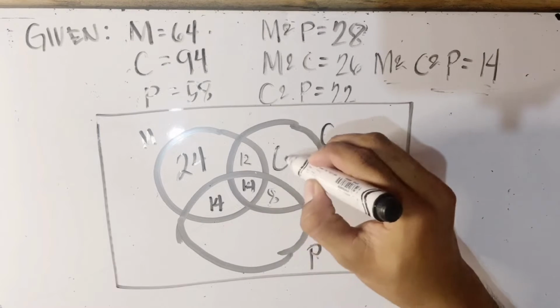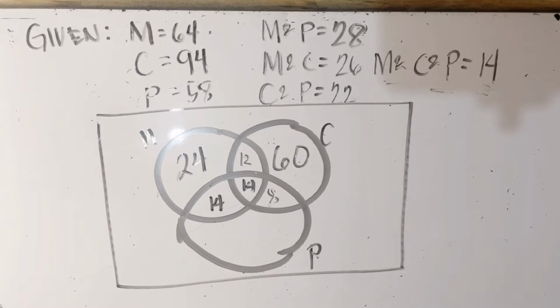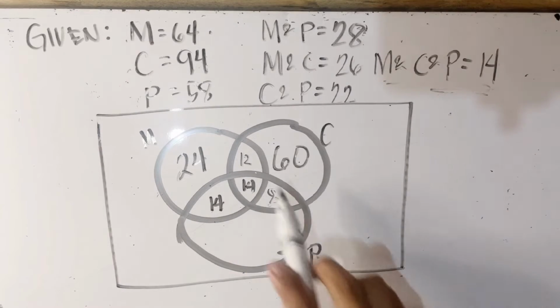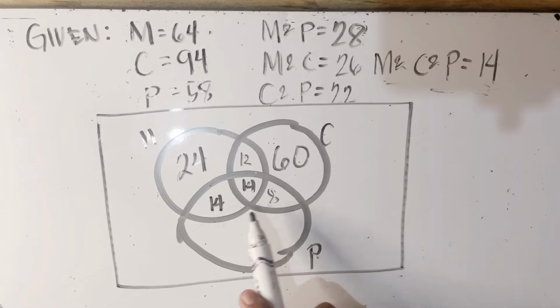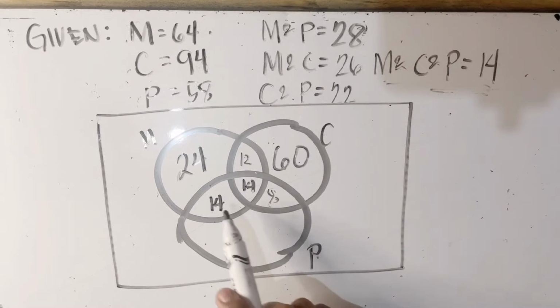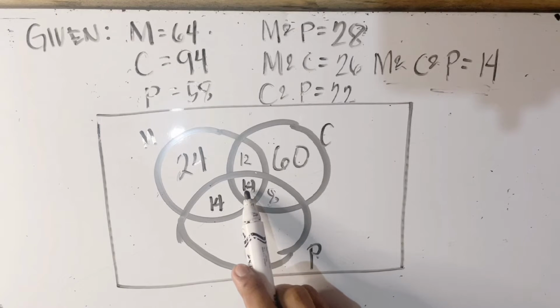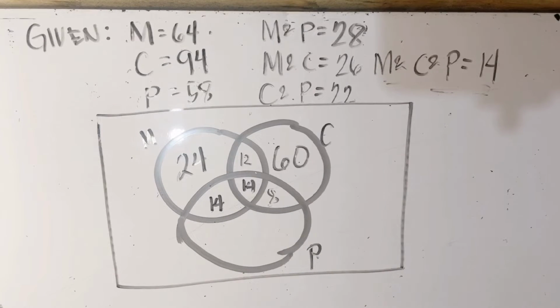That is equal to 60. Next, this part here should be equal to 58. So, 58 minus 14, minus 14, and minus 8. What is left is 22.